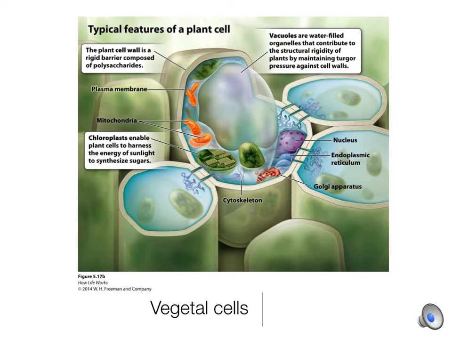For example, a cell that needs to produce a lot of energy will have more mitochondria. A cell that is responsible for a large amount of endocytosis would have a lot of endosomes and lysosomes. So remember that each cell type, depending on its functions, will have the number and types of organelles adapted to the function the cell has to achieve.